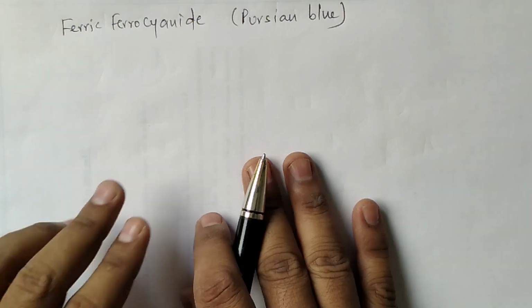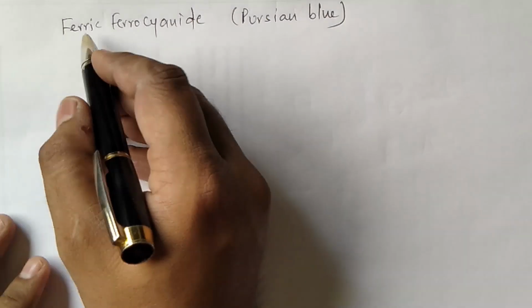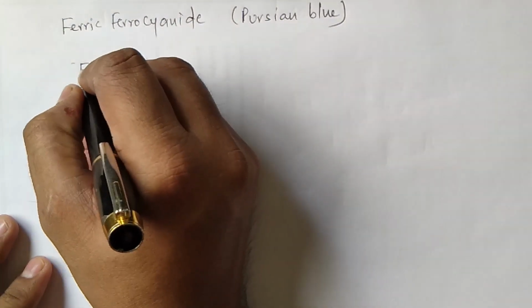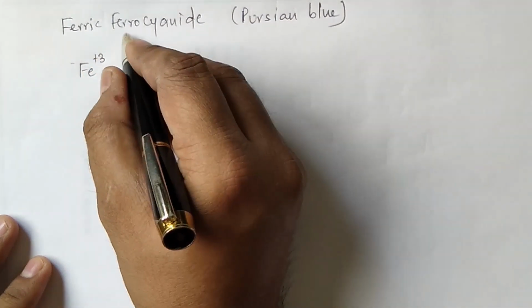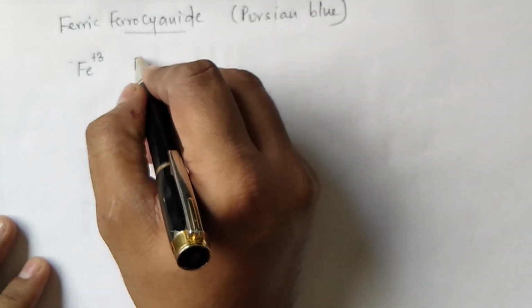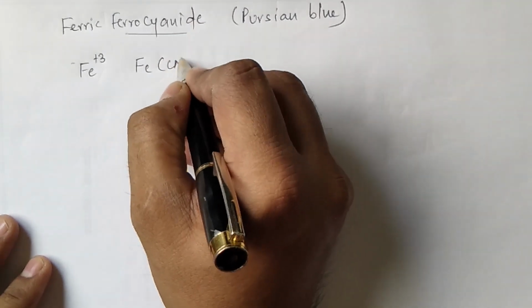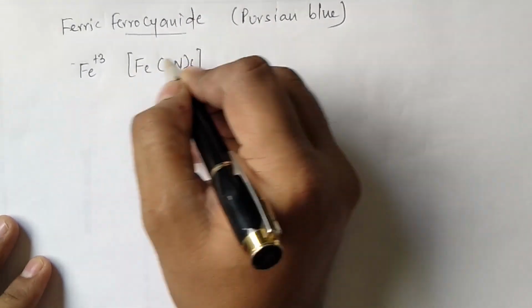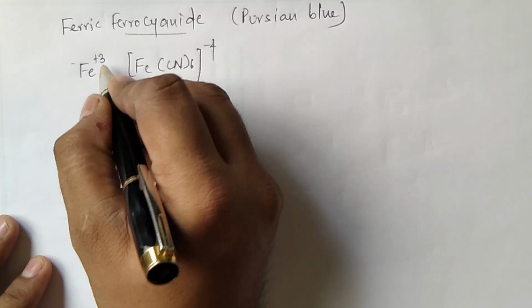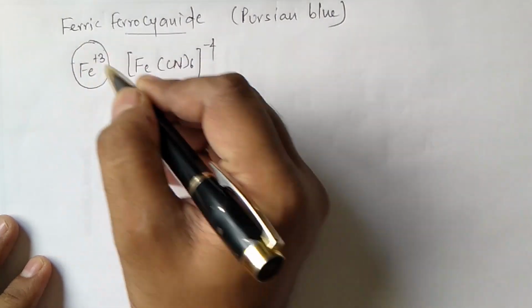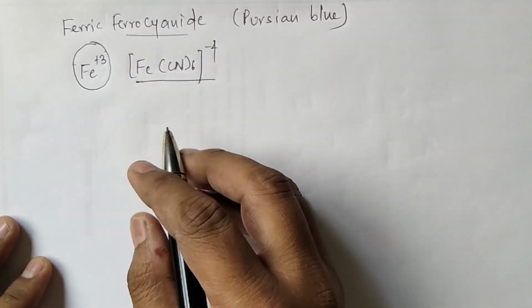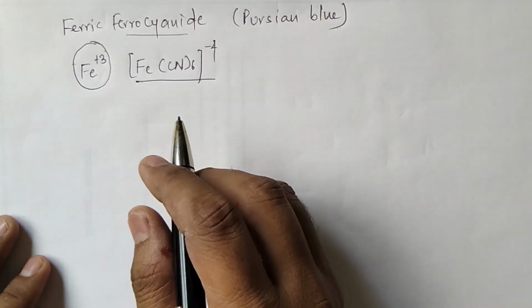So ferriferrocyanide: now ferric means Fe+3. Ferrocyanide is a single compound, that is [Fe(CN)6] to the power -4. Okay, so this is our basic radical and this is our acidic radical.